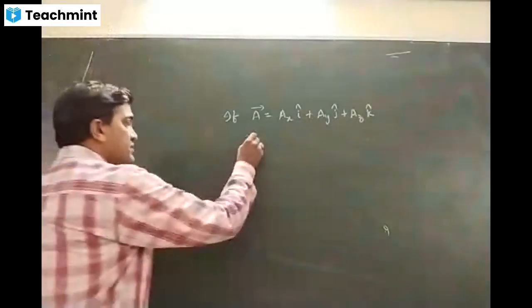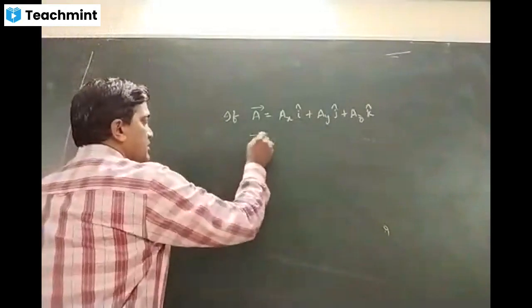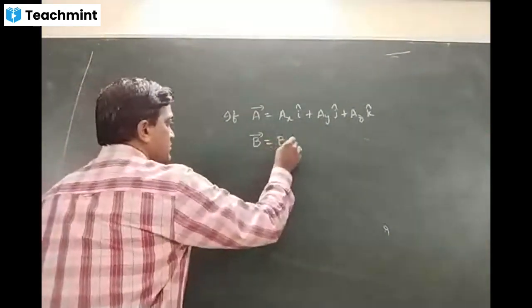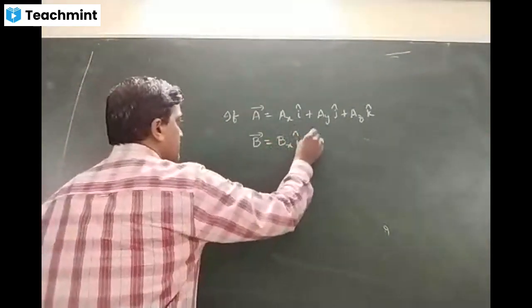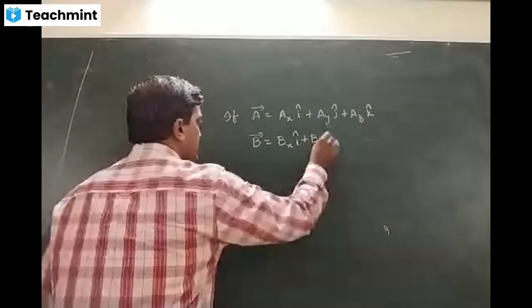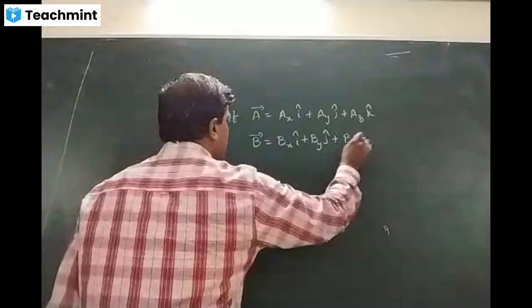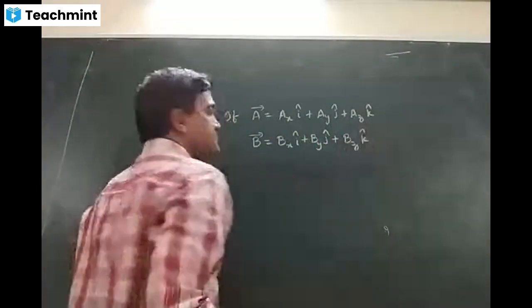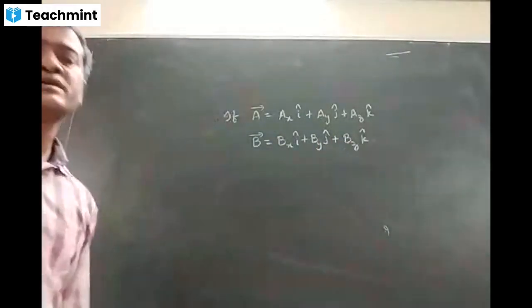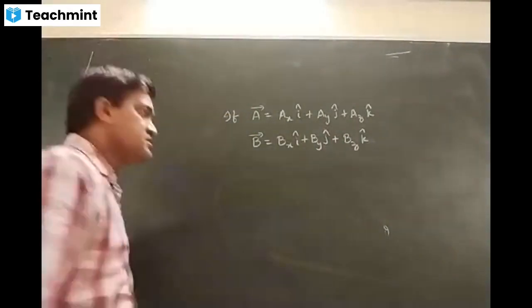And similarly, if I write B bar is equal to BX I cap plus BY J cap plus BZ K cap.